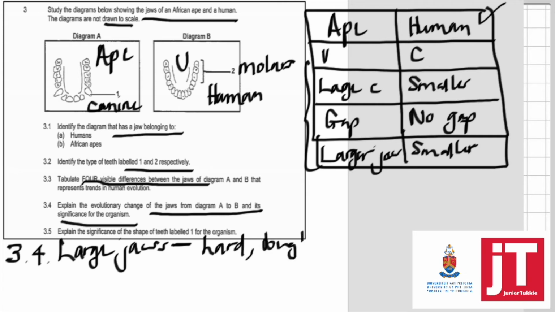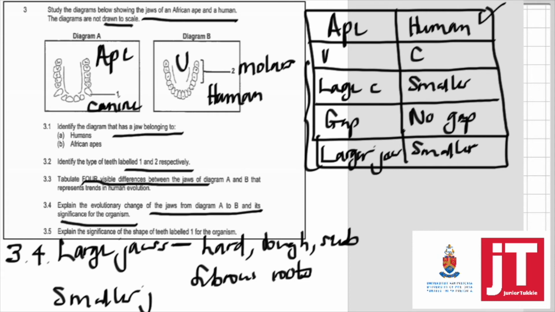And eventually what happened is the food changed to soft cooked refined food, processed food. And therefore the jaws changed from larger to smaller. So that is the evolutionary change, and that is the significance of the change from the large jaws to the small jaws. I have covered this in my theory video. So make sure that you go over this and you have this content well in your head. Right. So that is question 3.4.